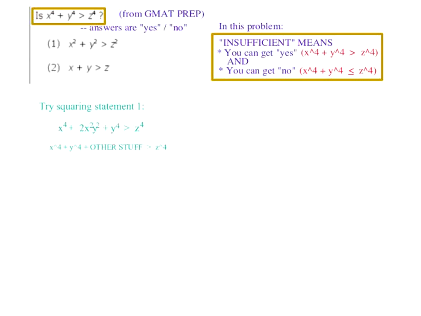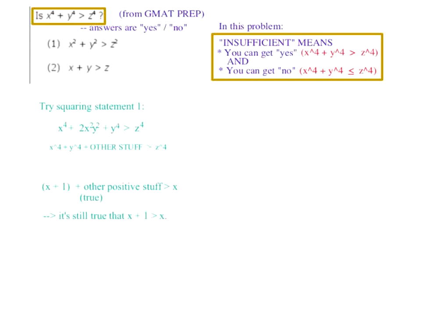We know that x plus 1 is greater than x, right? If I say x plus 1 plus other stuff is greater than x, this is true. But in this case, it's still true that x plus 1 is greater than x.